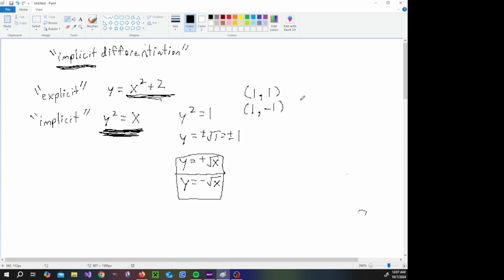If we try to graph this implicit relationship, the graph actually looks something like this. I didn't draw it perfectly, maybe arguably I didn't even draw it very well, but that is the graph of this relationship.